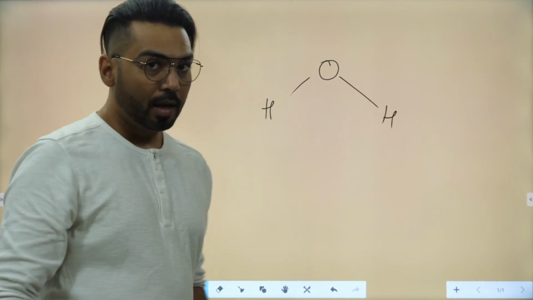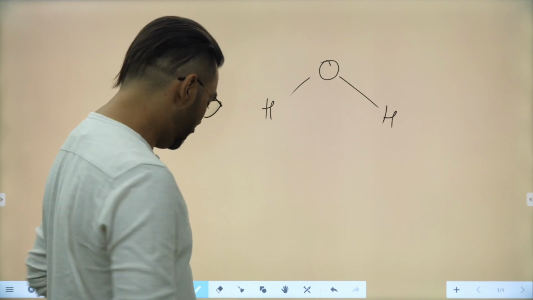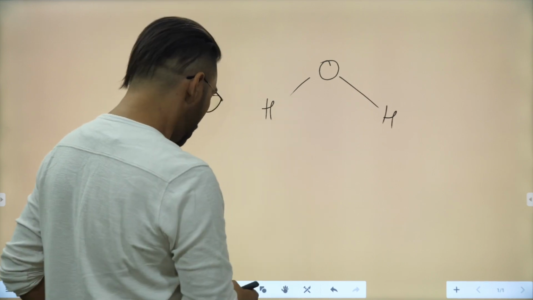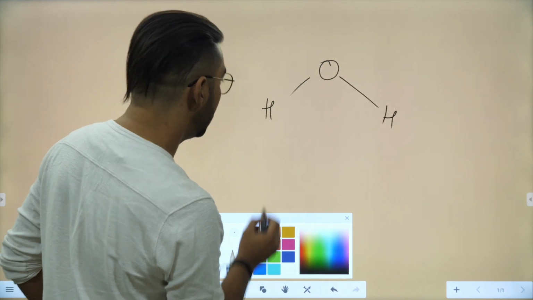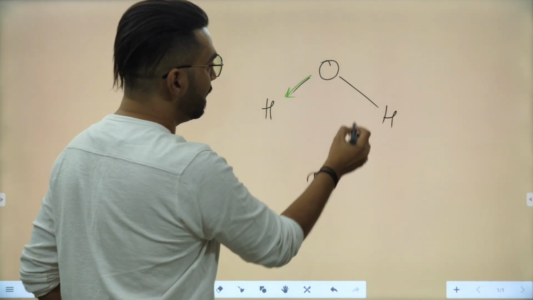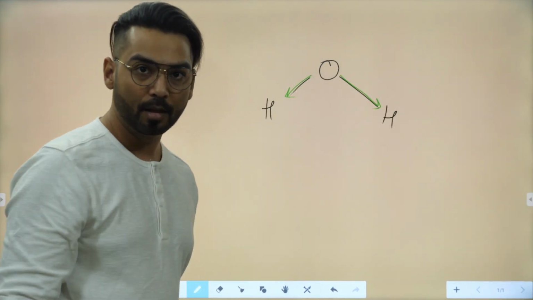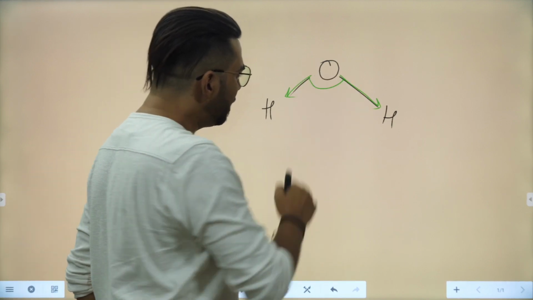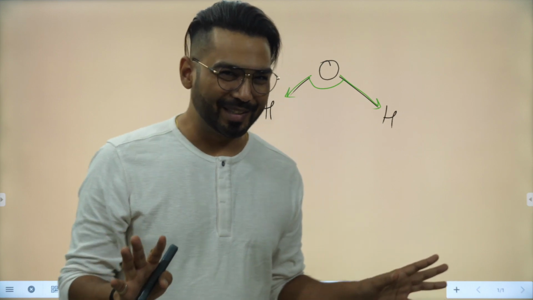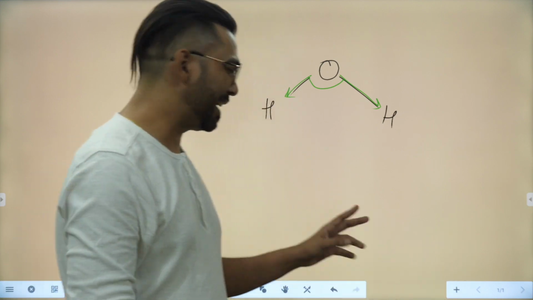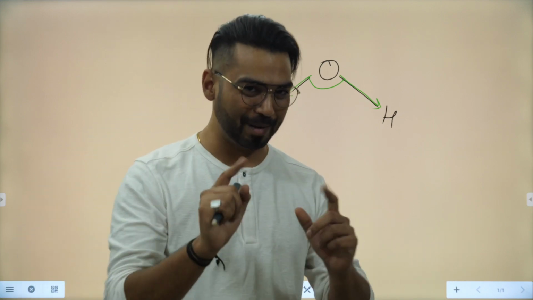However, if we talk about the water molecule, this is oxygen, this is hydrogen, and this is hydrogen. In this case, you will notice that there are two dipoles. Let me draw it with a different color. There is one dipole like this and another dipole like this, and there is some angle between these two. I do not really need to know what this angle is; you should know because your chemistry should be better than mine.